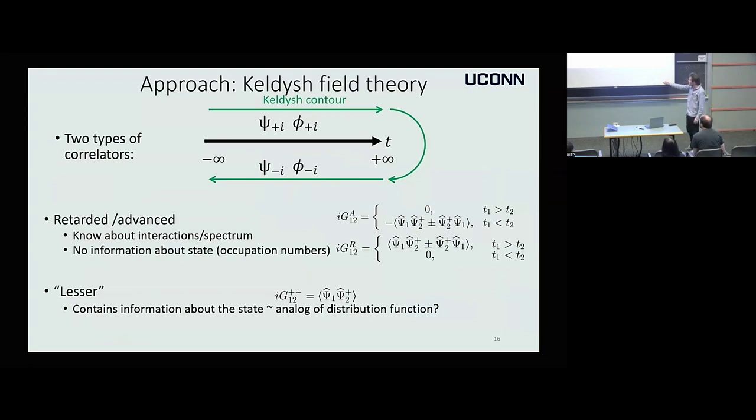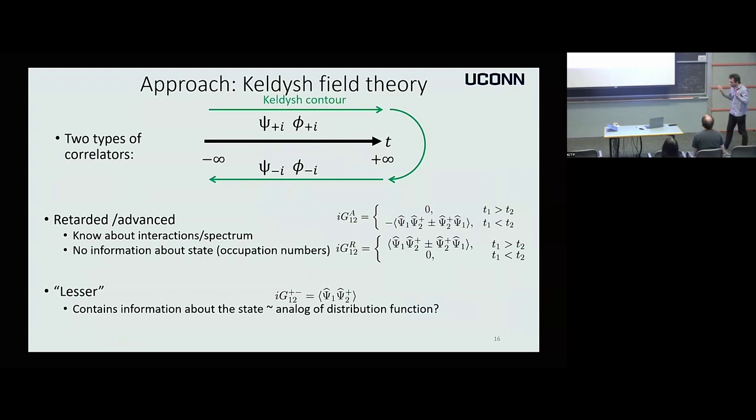And that is taken care of by this lesser Green's function, where you take one of the fields on the top contour, one of the fields on the bottom contour. So regardless of whatever times they are, they're always ordered in this fashion. And this average, of course, knows about the occupation number. So if you take the average, it's like 1 minus the Fermi occupation number.